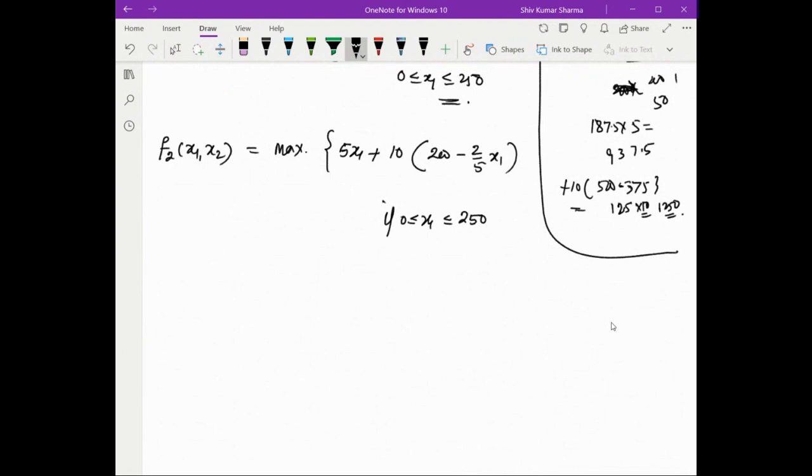Now we find the maximum value, that means the value of x1 which gives the maximum.